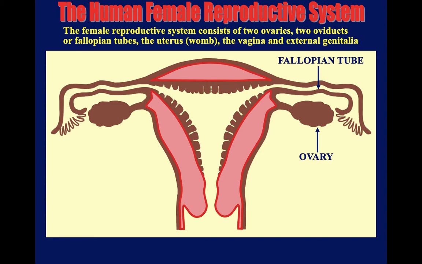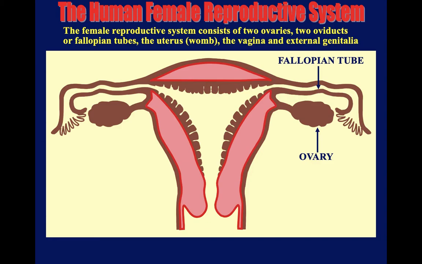All the eggs in a female are produced originally when they're still about an 8 or 9 week embryo inside their mom's tummy, and at that point they are produced in a place called the egg sac. They subsequently migrate into the ovaries, and that's where they're stored and then released over a period of time.